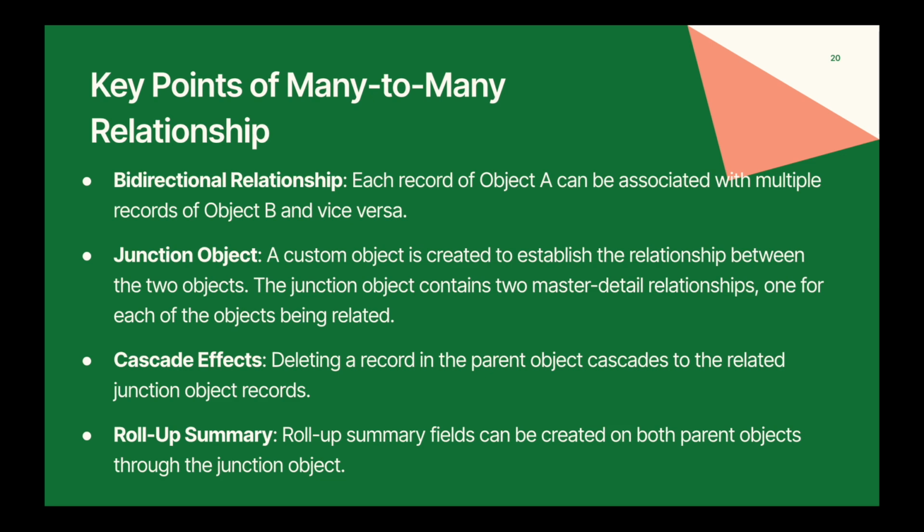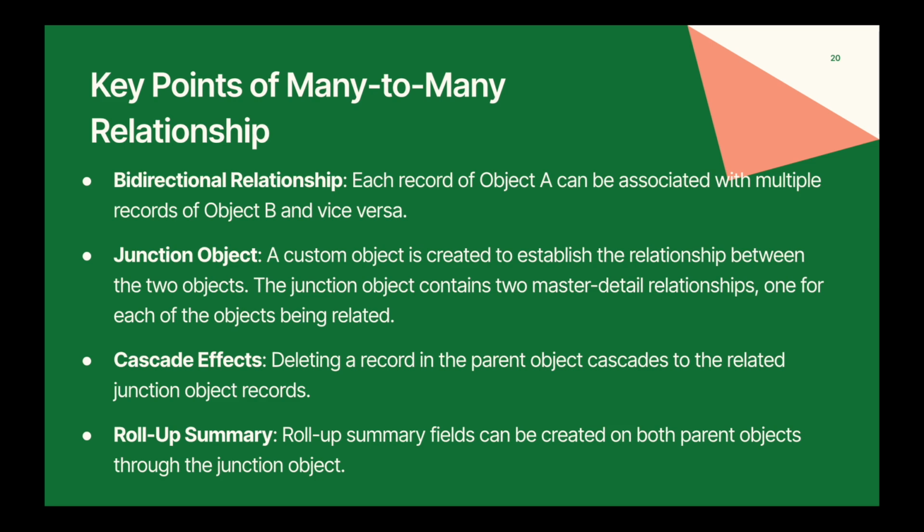A custom object is created to establish the relationship between the two objects, and the junction object contains two master detail relationships, one for each of the objects being related. So the junction object is a custom object we create to have the relationship between object A and object B, and it will have a master detail relationship with both objects.